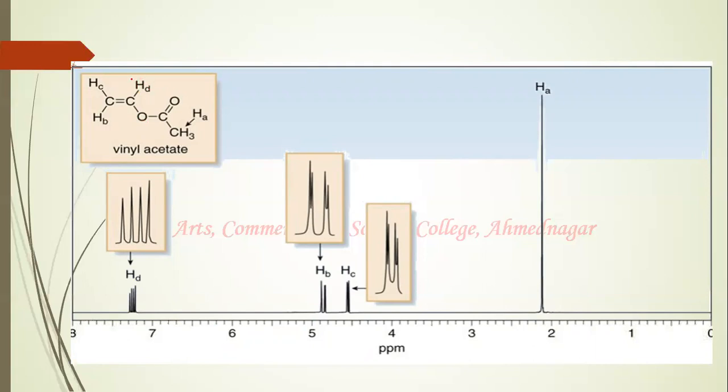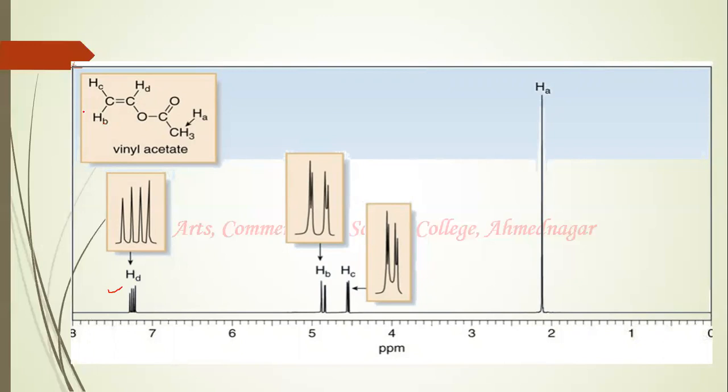Now this D proton couples with C with a cis coupling constant value, while D couples with B, a trans coupling constant value. So this D proton gives me a doublet of a doublet. So see, this is the doublet of a doublet corresponding to the D proton. Now we have one more doublet of a doublet corresponding to the B as well as the C protons.